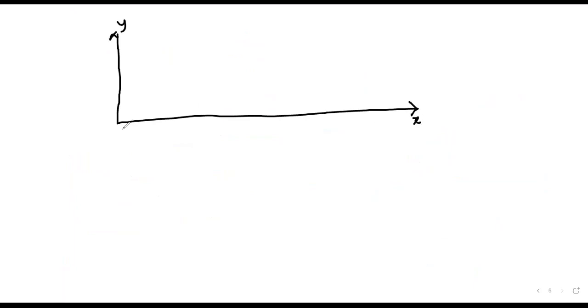Suppose let us consider this x-axis and y-axis, and this is the origin. Initially, the particle is at the origin. Afterwards, the particle is in motion. Let us consider four different points.